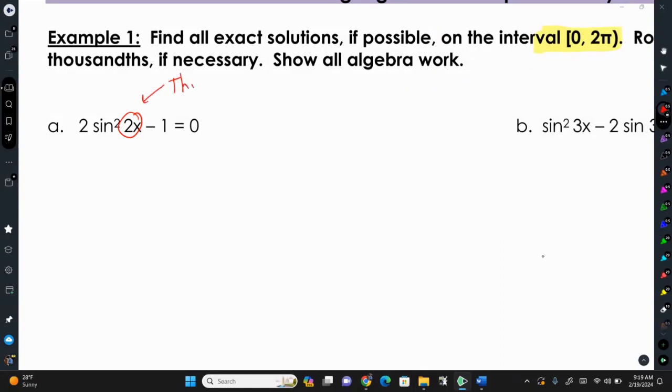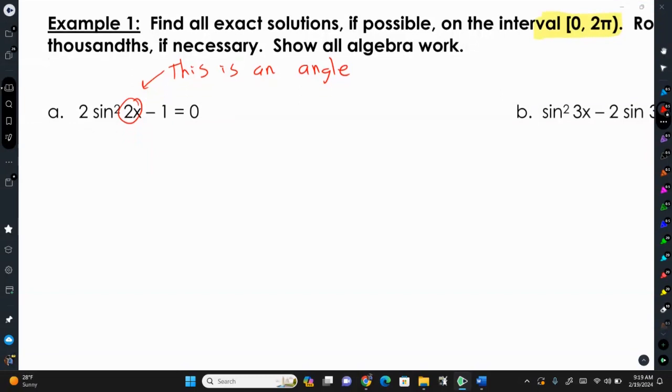This is an angle. So what that means is that when we get that sine squared 2x by itself, we're going to have to go around the circle twice. So let's solve this and then we'll revisit that.